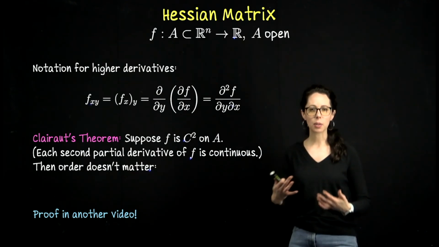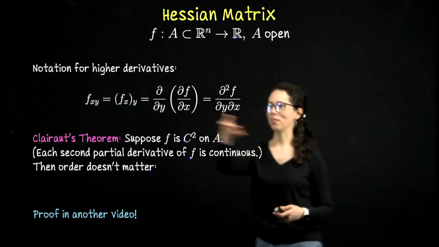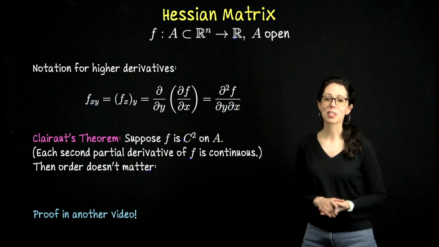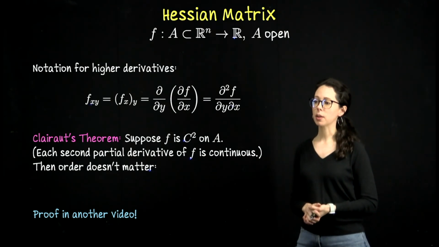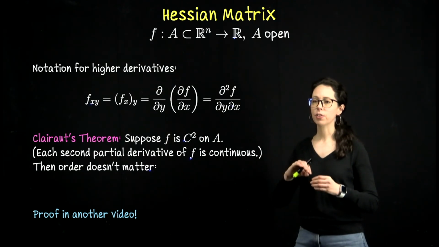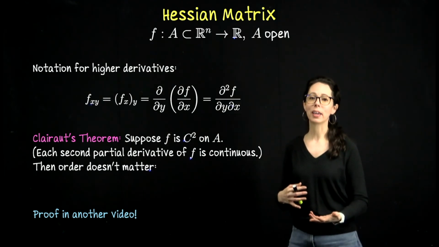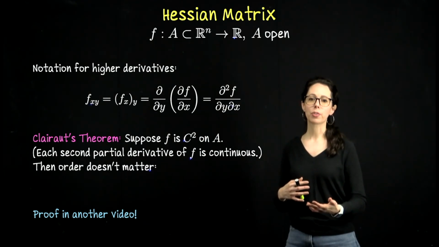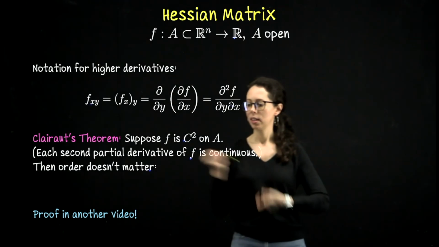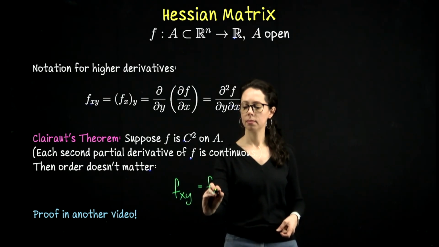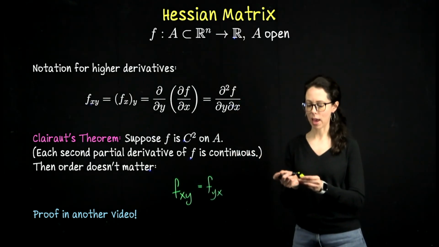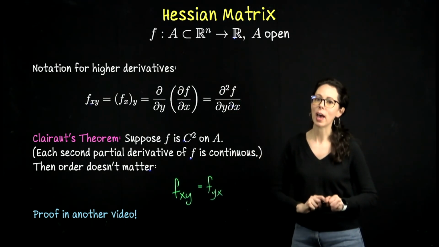So in other words, the second partial derivatives that will emerge from this kind of computation look like nice functions in their own right. If that's the case, Clairaut's theorem tells us that differentiating with respect to x and then y is the same thing as differentiating with respect to y and then x. So in other words, order doesn't matter. F sub xy would be the same thing as f sub yx.